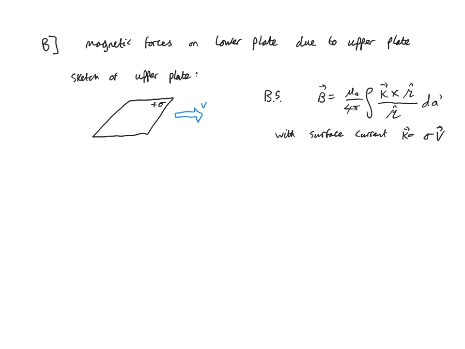Okay, so can we use this to argue what's happening with the magnetic field? Well, the magnetic field B must point perpendicular to K, the current density. That's because in the integral there, B is equal to K cross the script R, the separation vector between the field point and the source point.